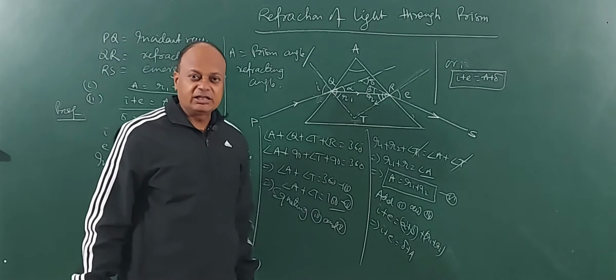Okay? So, conditions for delta minimum, condition for angular deviation to be minimum, right? There are three conditions.